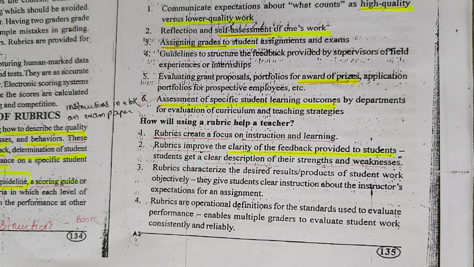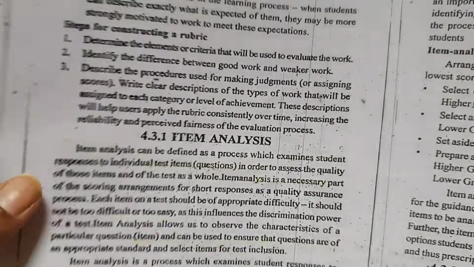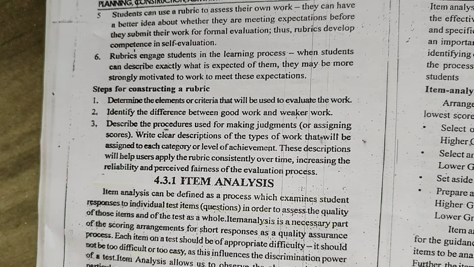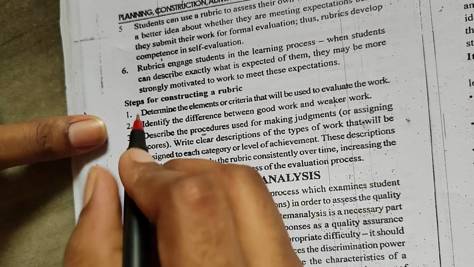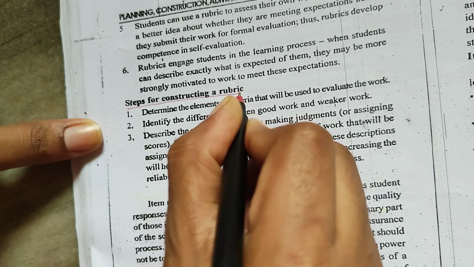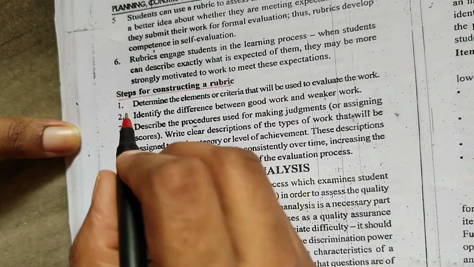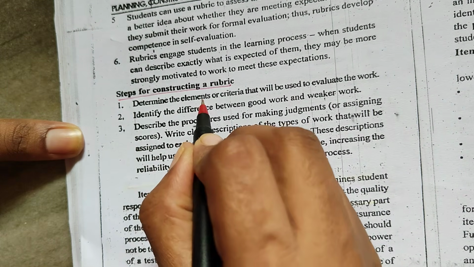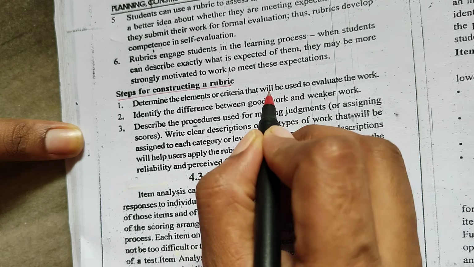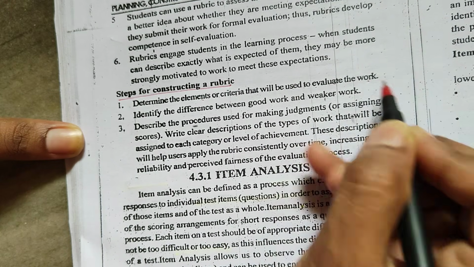Now we will see how to develop or construct a rubric. Steps to construct a rubric. One, determine the elements or criteria that will be used to evaluate the work.